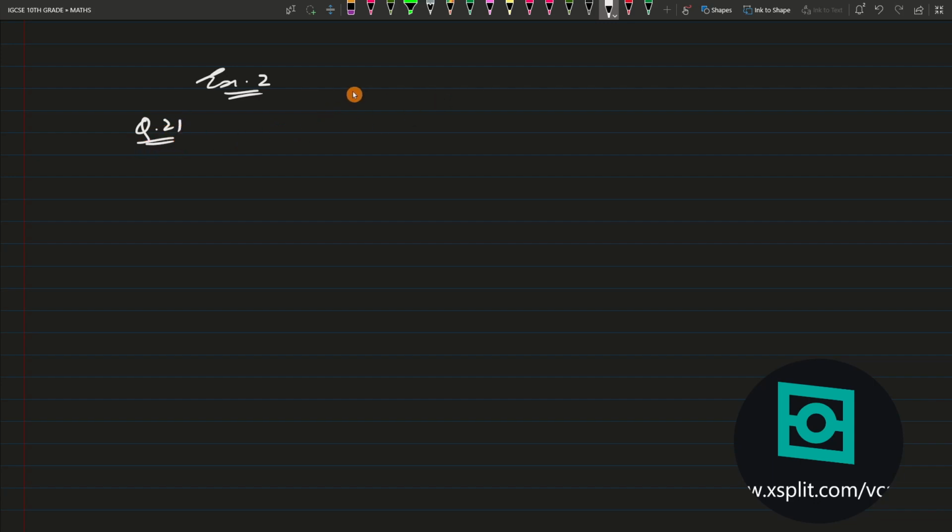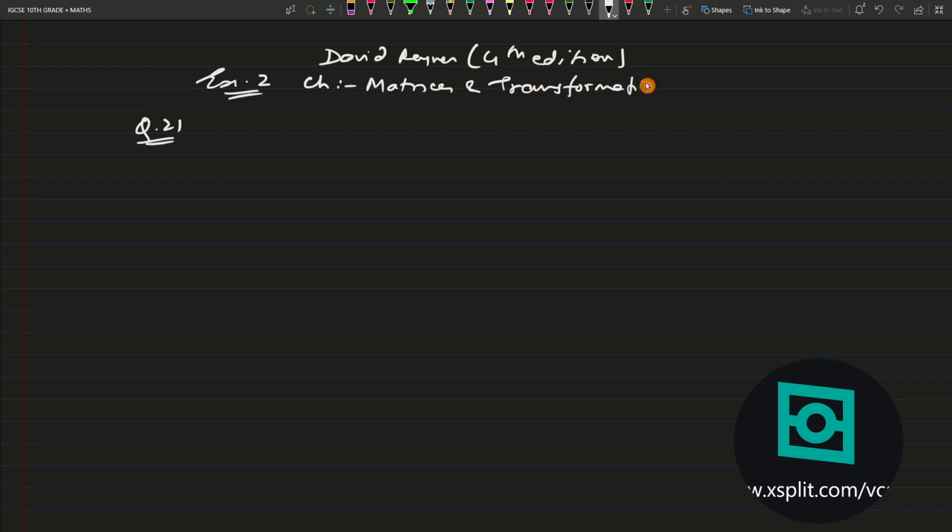Just to remind you, this is from the D. Reyner 4th edition, and this exercise 2 is from the chapter Matrices and Transformation, and this is for the IGCSE 10th grade.